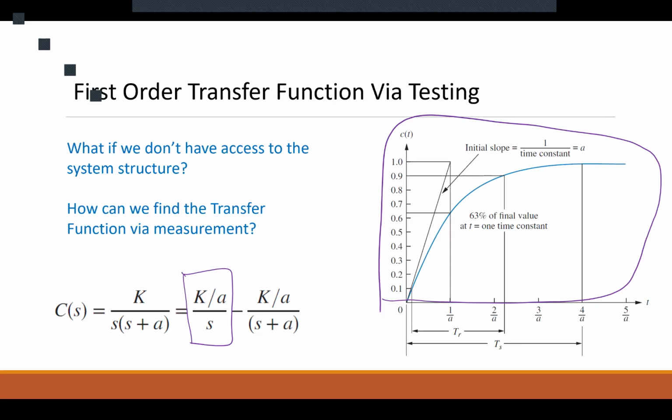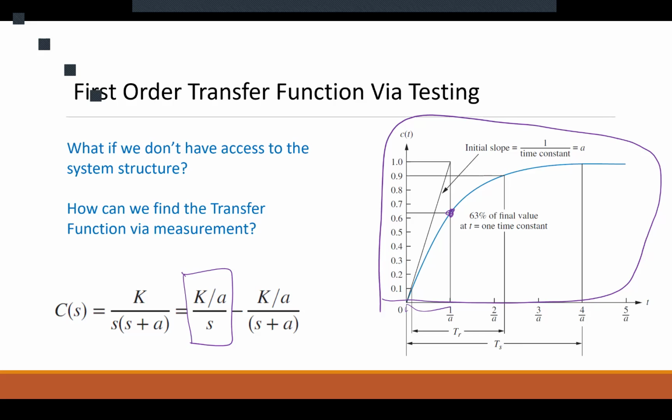Are we good? Now, we can measure the time constant of this signal. So if you measure how much time it took our waveform to reach 63%, we have our time constant.